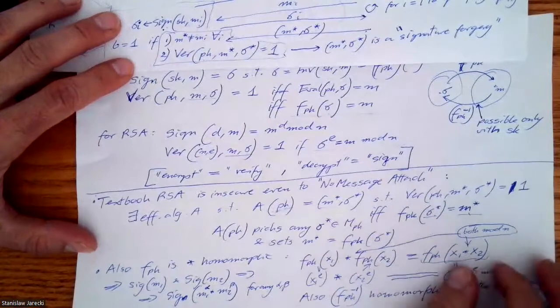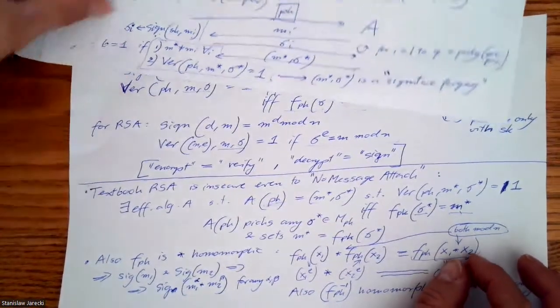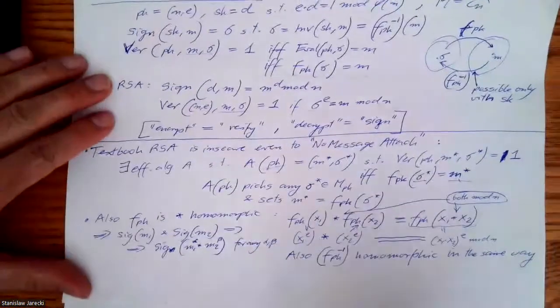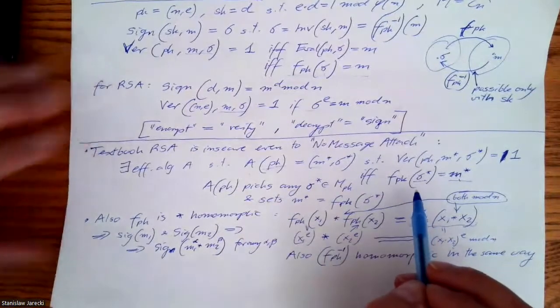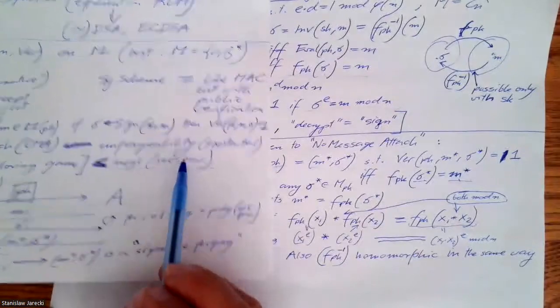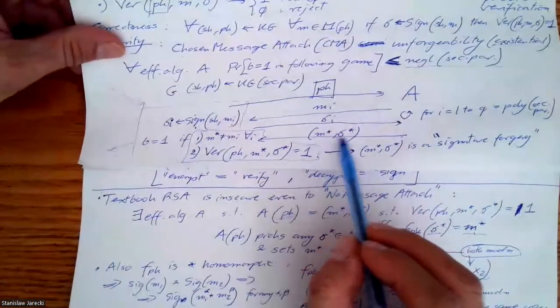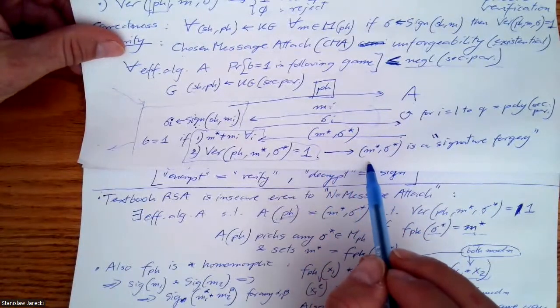So how on earth am I going to change it into a signature scheme if it has all these attacks? Well, let's just observe one thing. This attack is devastating against existential unforgeability. So existential unforgeability said you attack if you create any message-signature pair that is accepted.